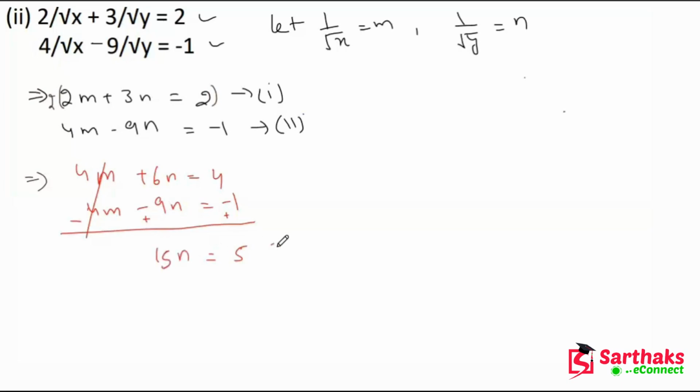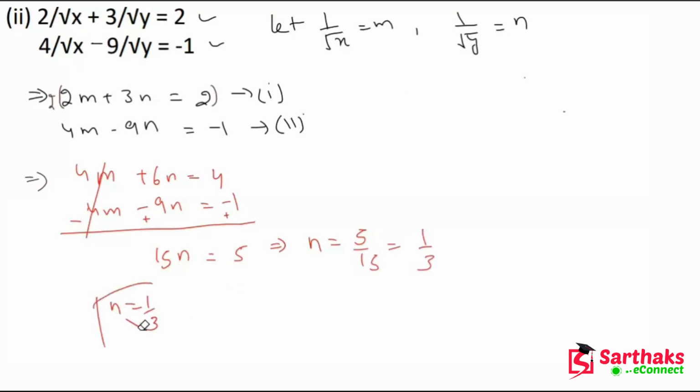So now we get the value of n is 5 upon 15, and the value of 5 upon 15 is 1 upon 3. So we have the value of n is 1 upon 3.